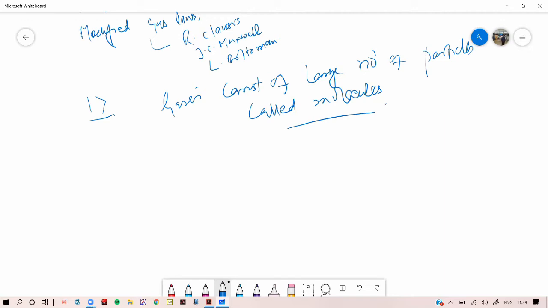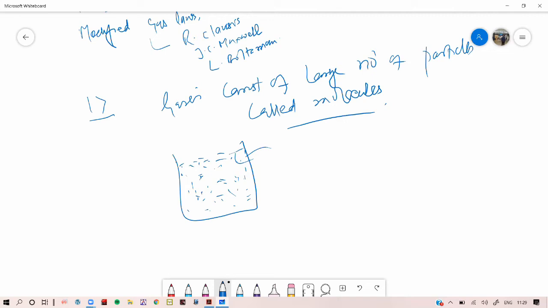What does that mean? That means if we have a container, we have gases in this container. So the molecules of a particular substance, if this is a homogeneous mixture of the gases which form a particular substance, they are all identical and are small.